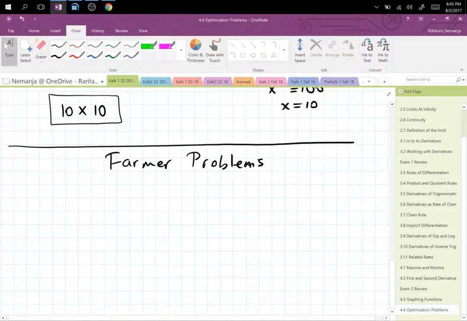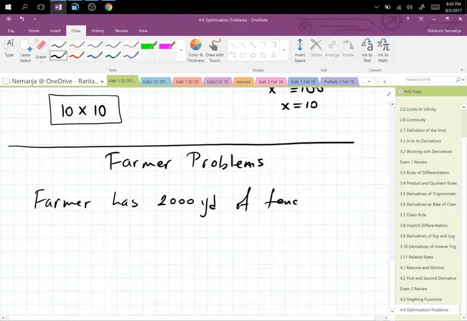So let's take a look at, say, a farmer has 2,000 yards of fence.